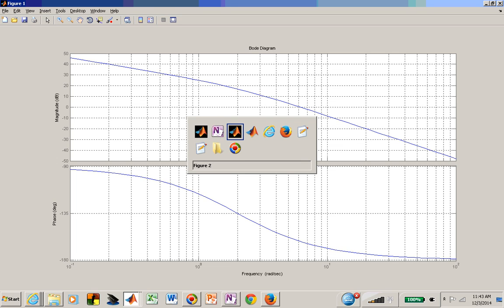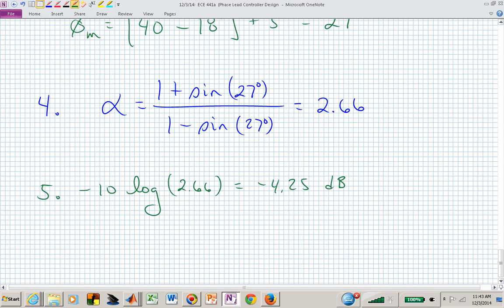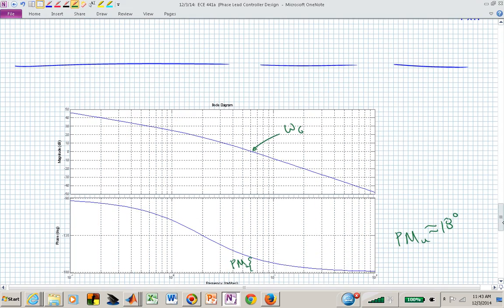So if we go back up to our curve here, we are now looking for minus 4.25. We read over, or we lay a ruler down, and now we can see that that's going to occur at this frequency right there, which is, let's say, an omega sub m of 8.